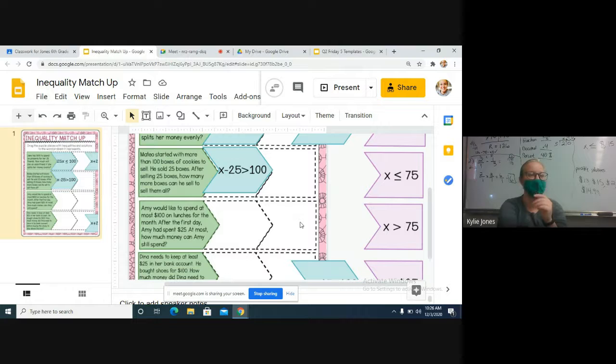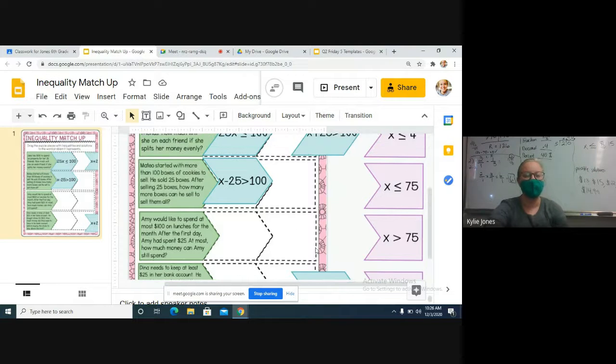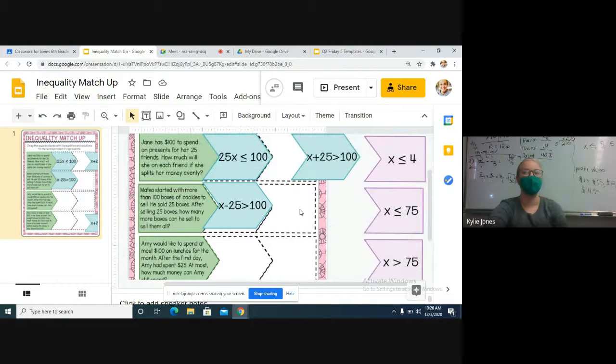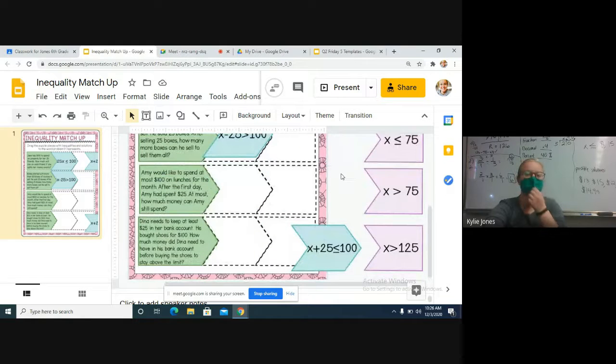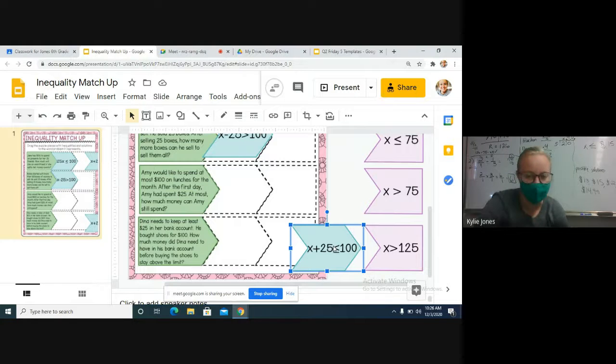So she already spent $25 out of 100 for the whole month. That's probably not very good budgeting, but that's okay. It's Amy's choice. At most, how much money can Amy still spend? So we know that we're looking for what inequality sign on this? This one's less than or equal to, so that leaves us with this one, but let's talk about the equation.